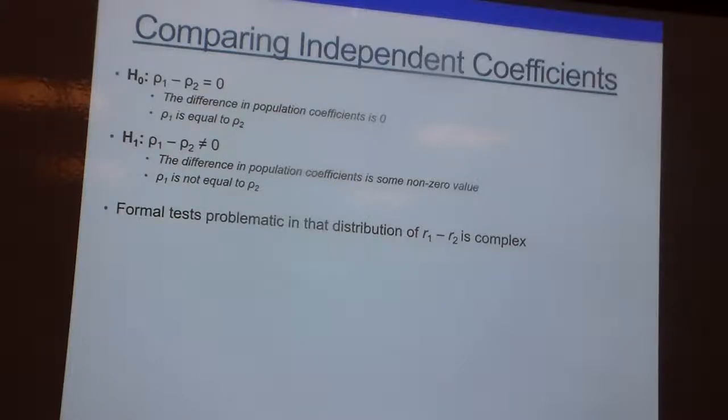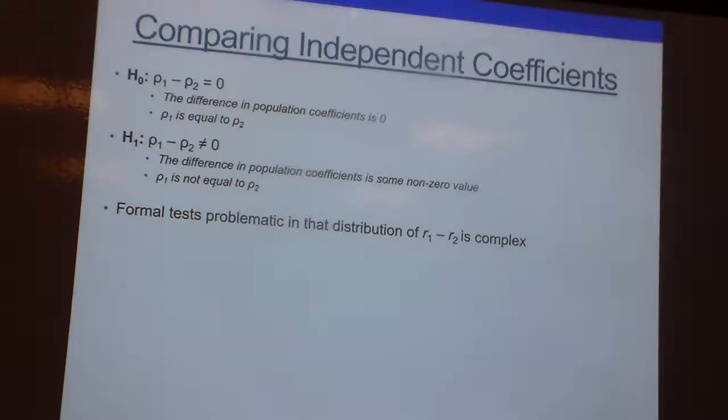We're working with the same variables, the same X and Y, but with different populations. I might see that for one group, the correlation between X and Y is 0.4, and in another group it's 0.25. I'm measuring the same variables, but I want to see whether I have evidence that my estimated population correlation is stronger for this group versus that group. Excellent. That's exactly what we're going to do here.